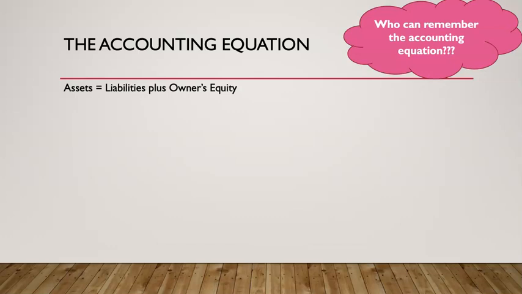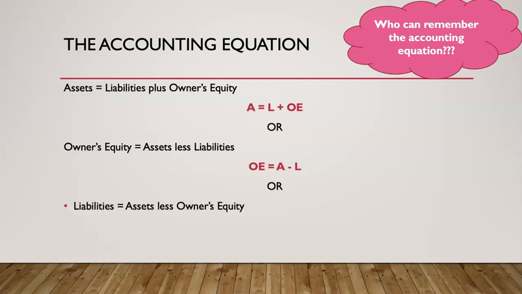Hopefully you remember it as assets equals our liabilities plus owner's equity. And we can rearrange it to be owner's equity equals assets minus liabilities. Our business worth is our assets minus liabilities. Or our liabilities equal our assets minus owner's equity.